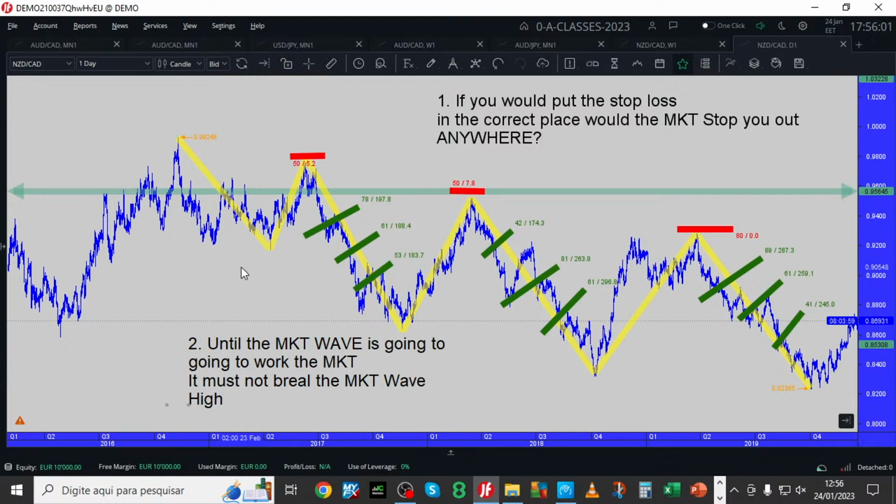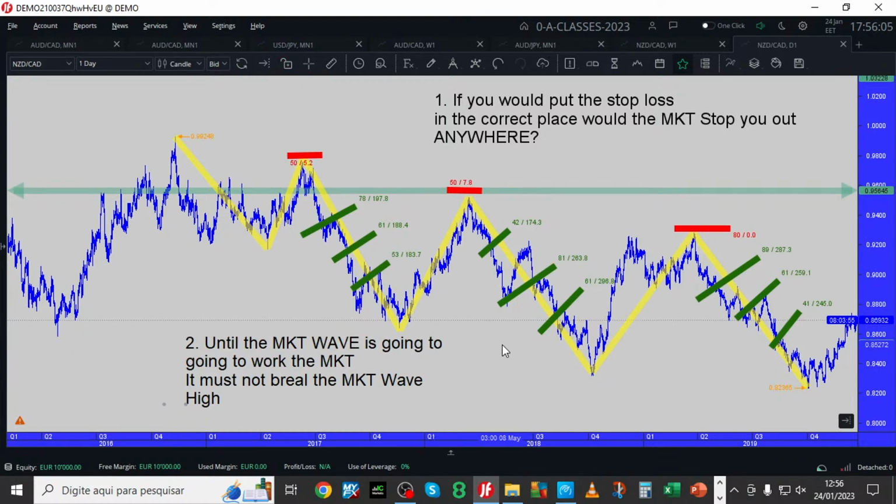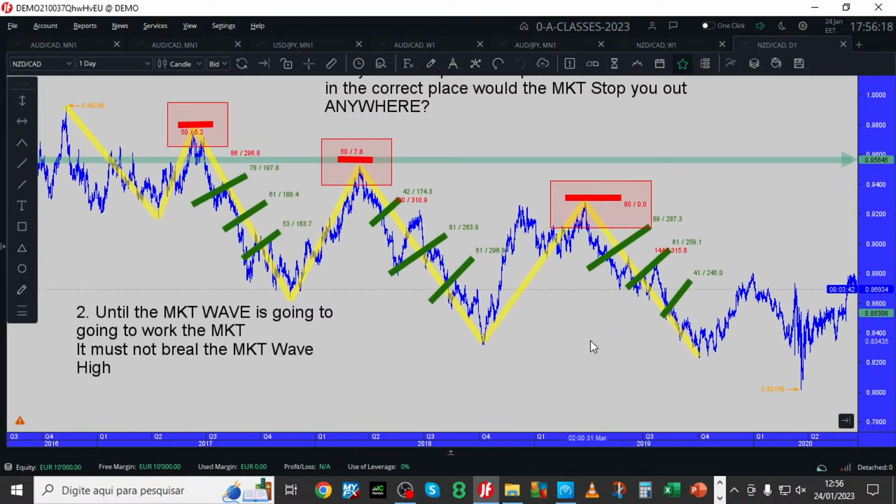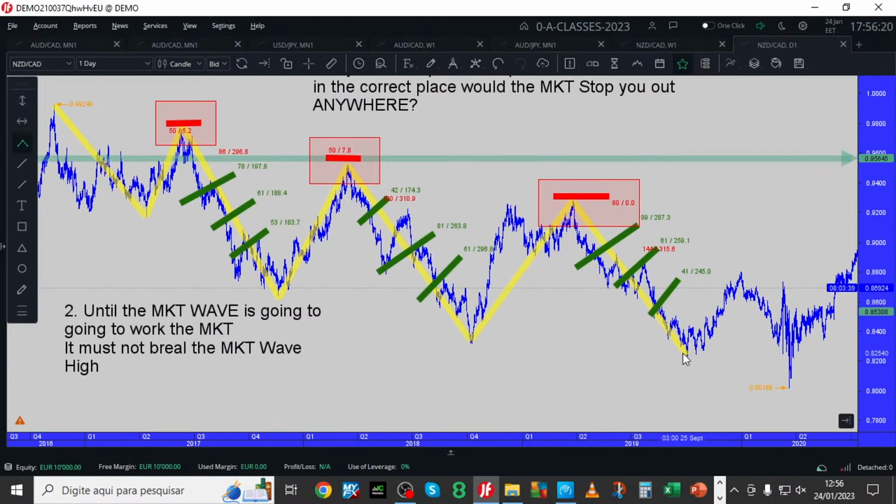In conclusion, everybody, until the market wave is going to work, the market must not break the market wave high. So the market must not break this high. The market is not going to break this high. Right? Extension, retracement, extension.